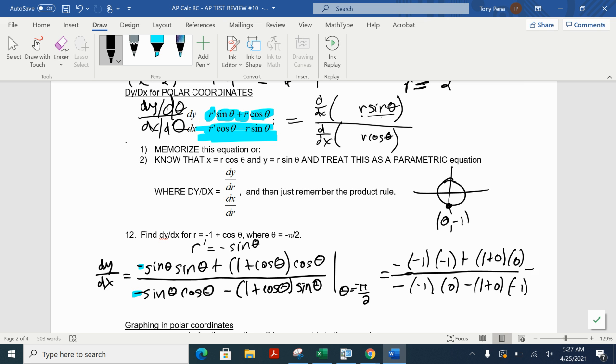Yeah, it looks good. So all of these together give you a negative 1. And then this all cancels. Down here, this all cancels. Down here, this would have been a 1 times the negative. So negative 1 times another negative 1. Our denominator should become positive 1. So that slope should end up being a negative 1.